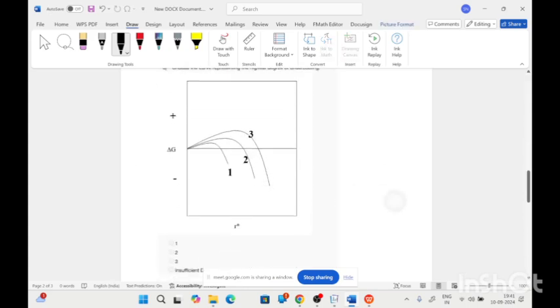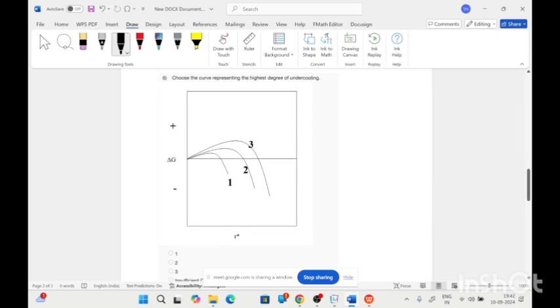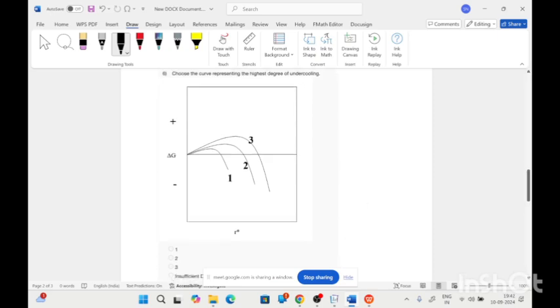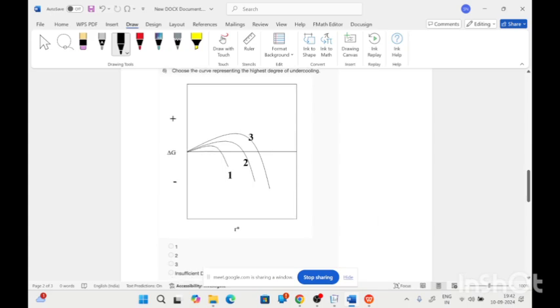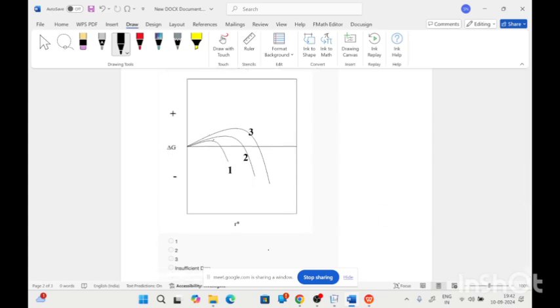In the next question, it is asked to choose the curve representing the highest degree of undercooling. So in this graph, we can see that the critical radius required for the nucleation is different for all three curves. The R star in one case is less than R2 and R3.